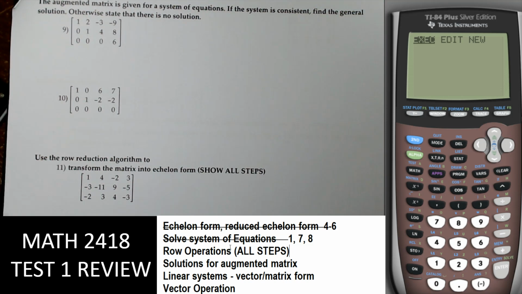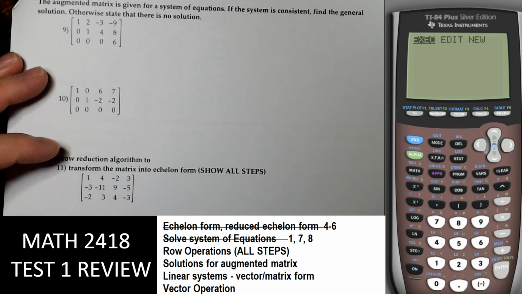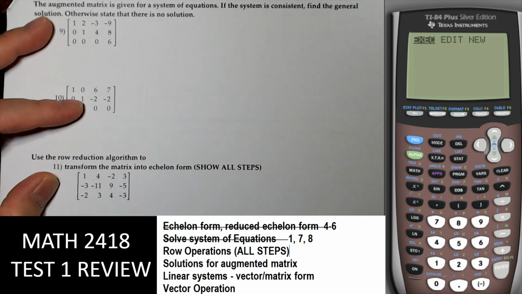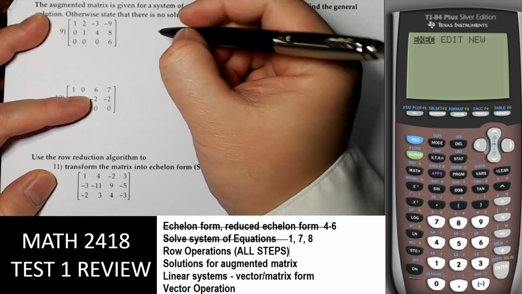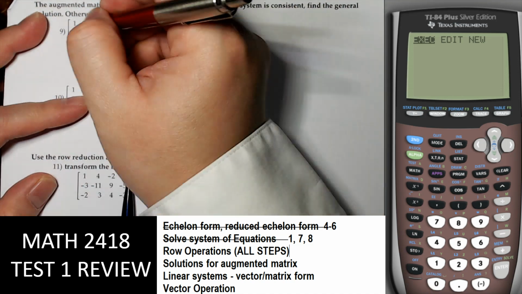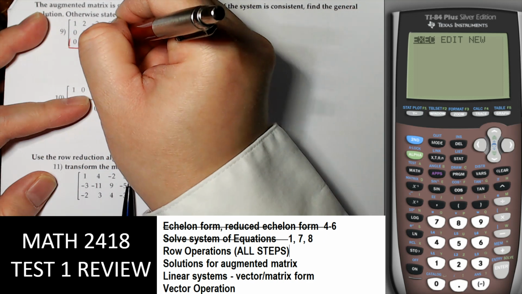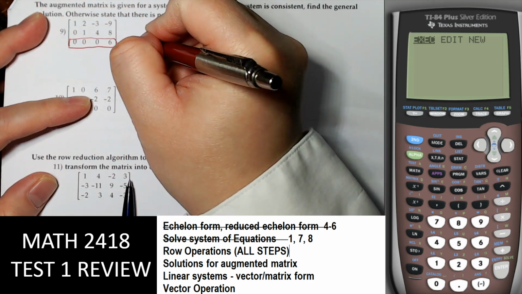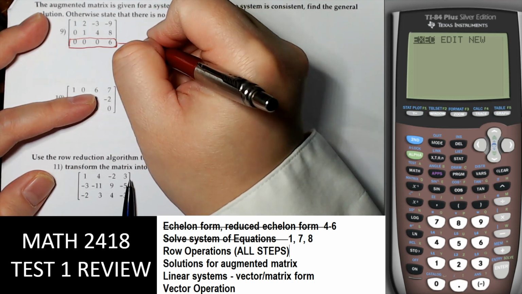I'll just go over this quickly. This matrix is already in the reduced row echelon form, so we can say that in this one, when we have a row of 0 and there's something else, that one is no solution regardless of what happened in the rest of the problem.